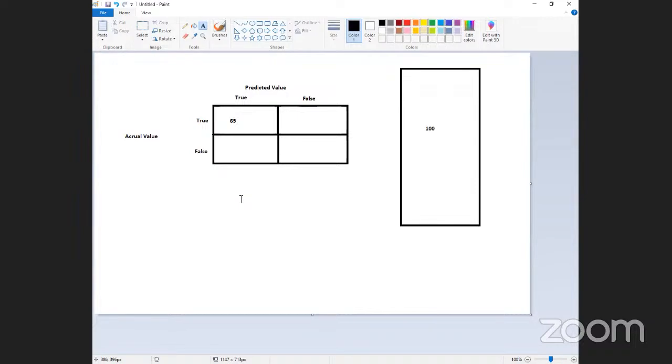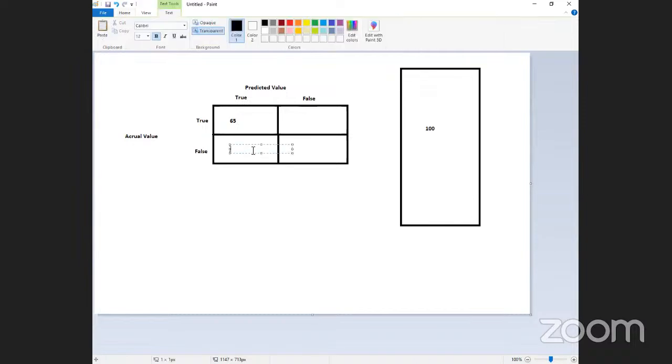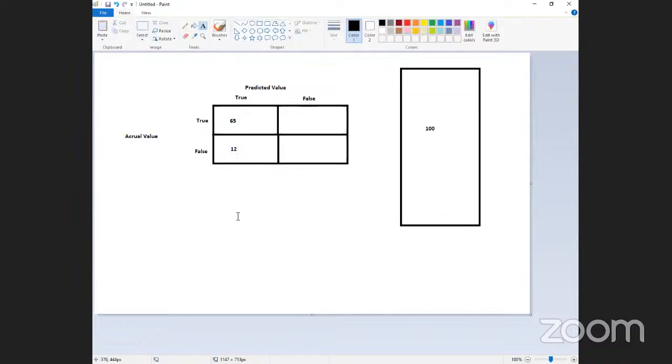But some records have an actual value of false, but the algorithm says it is true. That means the algorithm says yes, it is there, but actually it is not there. That is called true false.